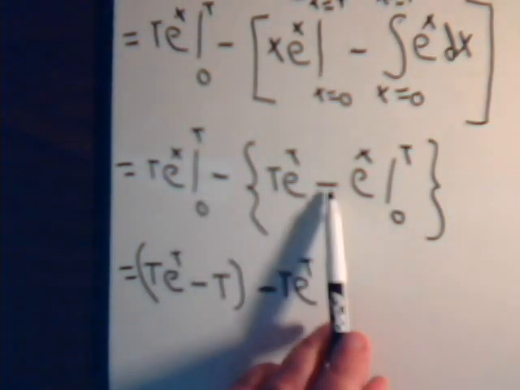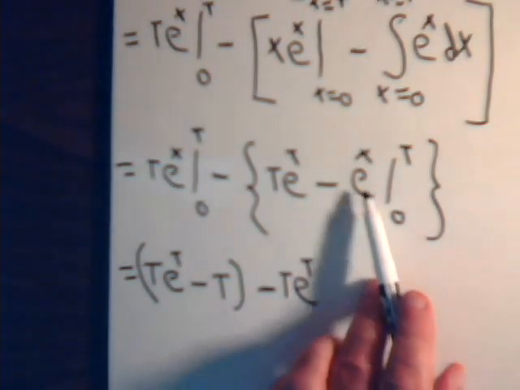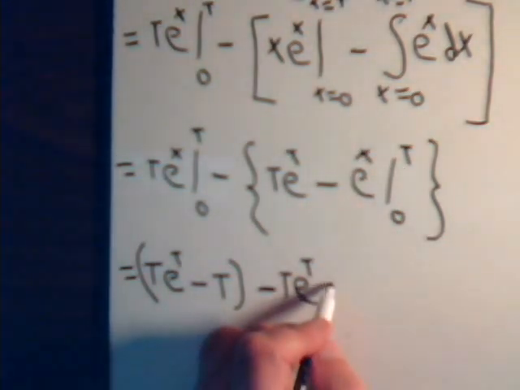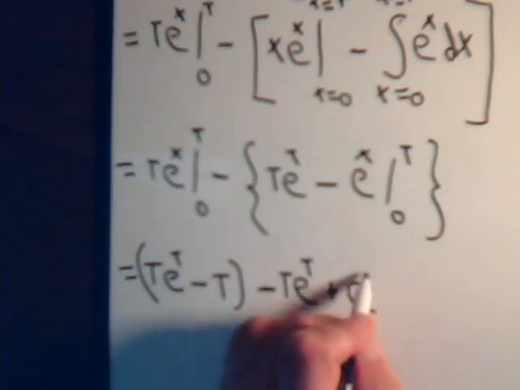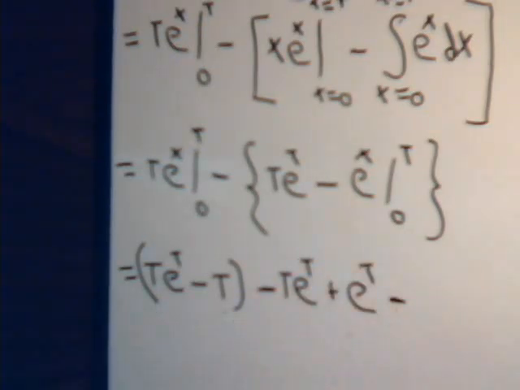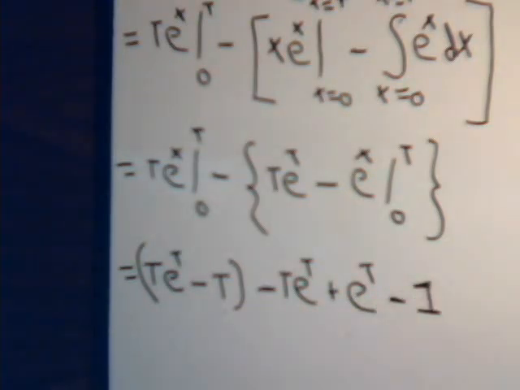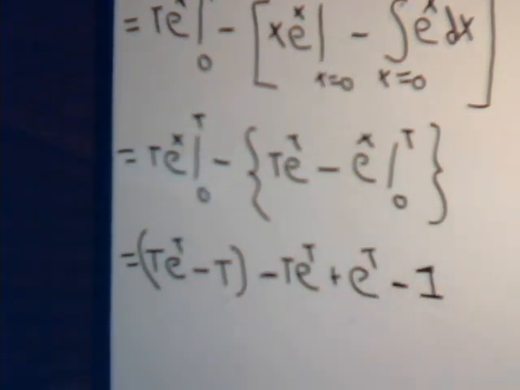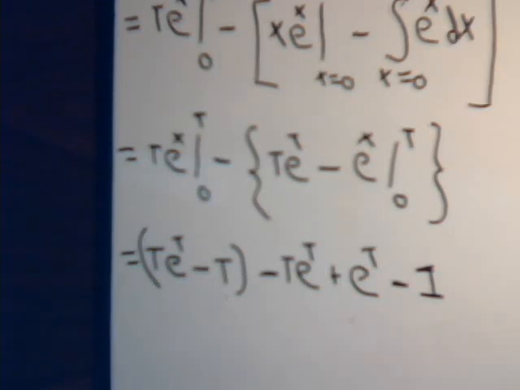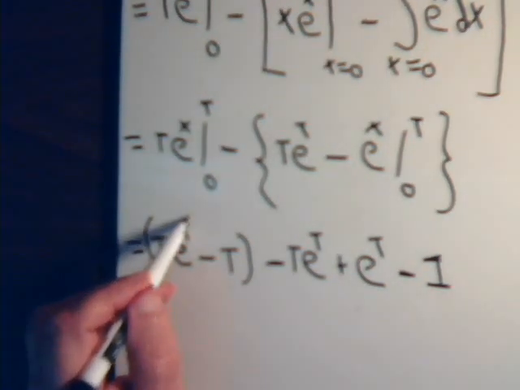Then here we have plus this expression, e to the t minus e to the 0, which is 1. So here is what we have, and let's see. This and this cancel, so we have e to the t minus 1.